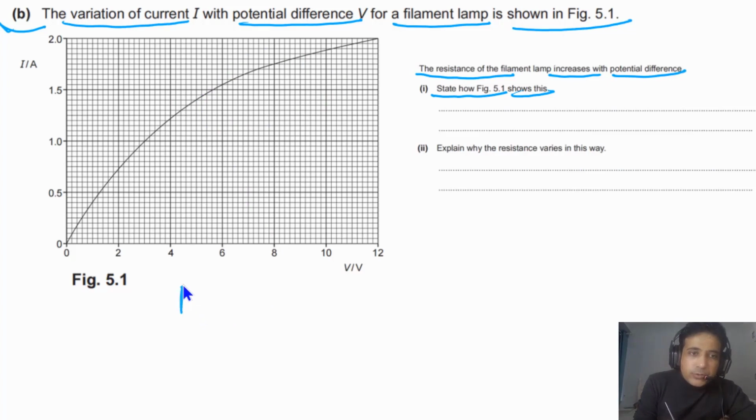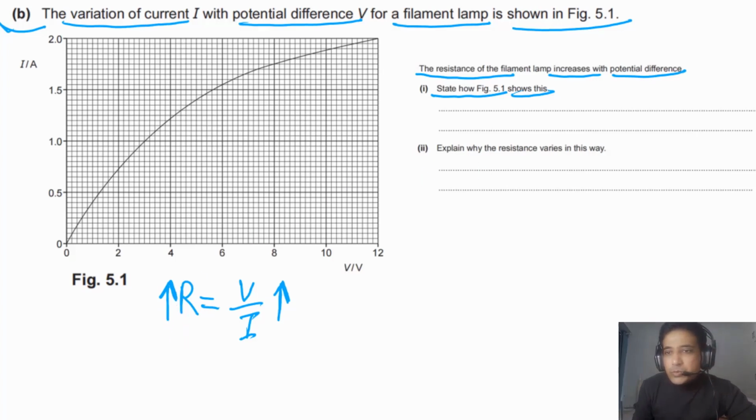First, we need to understand how resistance, potential difference, and current are linked with each other. The resistance is equal to the ratio between V and I. So let's try to understand how the ratio is increasing. It simply means that in this case the ratio between V and I is increasing because the resistance of the resistor is increasing with potential difference. So we can take 2 different points.